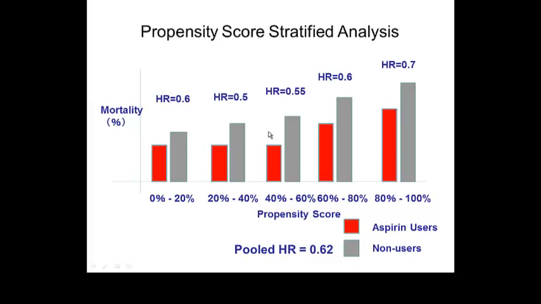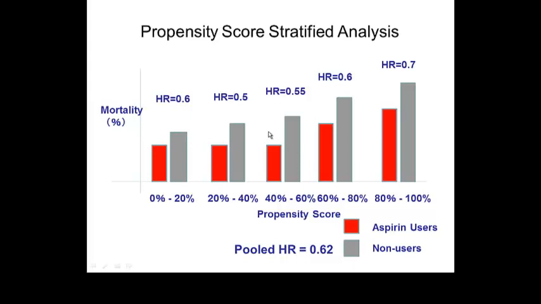Some of them are using aspirin, some of them are not. And the patients whose propensity score is 20 to 40%, you put in group 2. Similarly, 40 to 60% you put in group 3, 60 to 80% in group 4, and 80 to 100% in group 5.